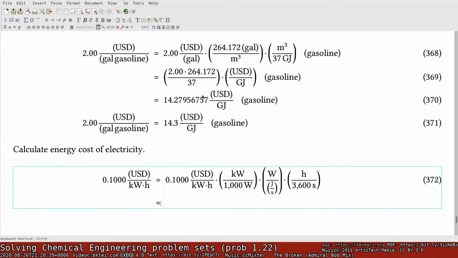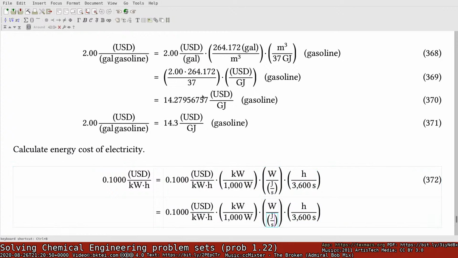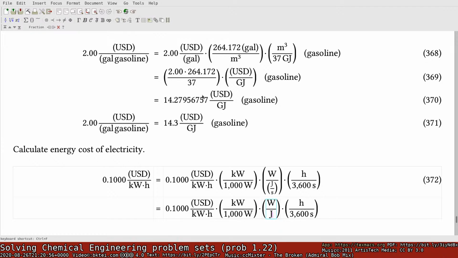All right, then we'll go ahead and reorder this. Namely this one. Joules, and then put seconds up top.